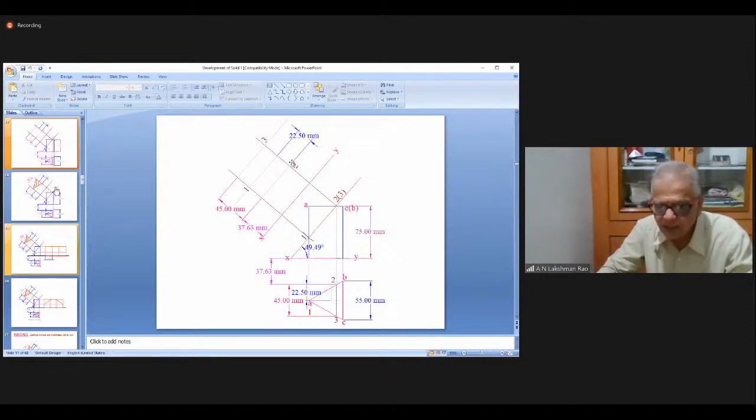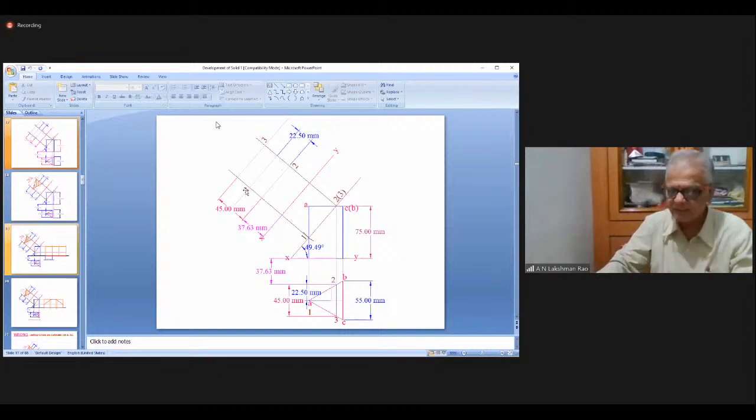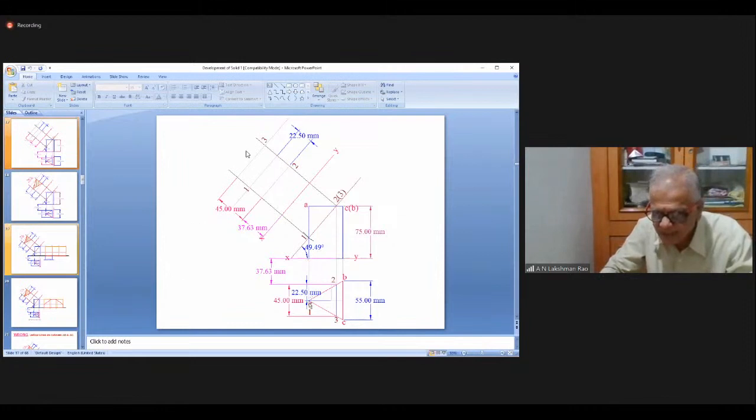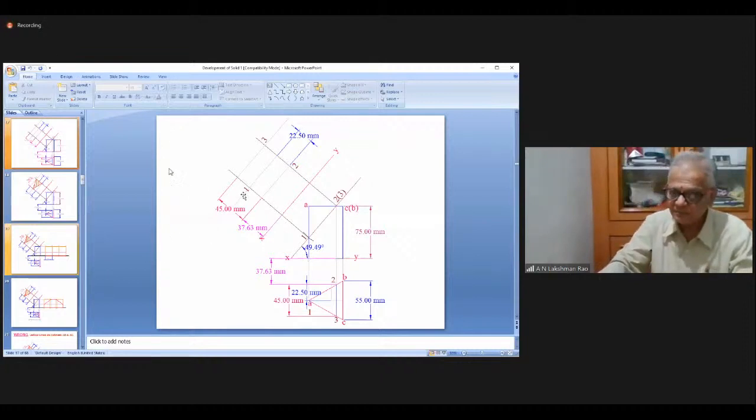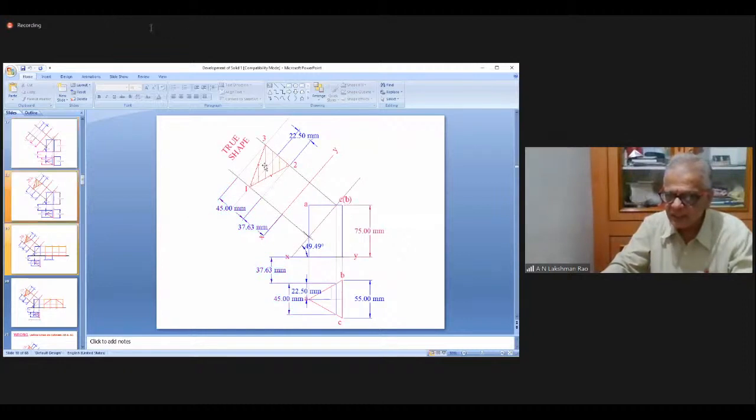From here 22.5. From here you mark 22.5, draw a horizontal line. Or from here you measure a distance. Take a compass, measure here. With this center you cut down. So you got 1, 2, 3. Join them 1, 2, 3. This is the true shape. It is 22.5, 22.5. The height is 60. True shape you have got.